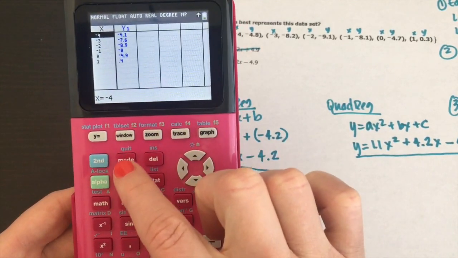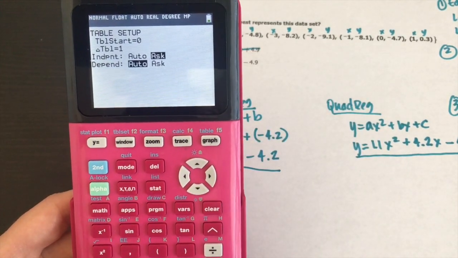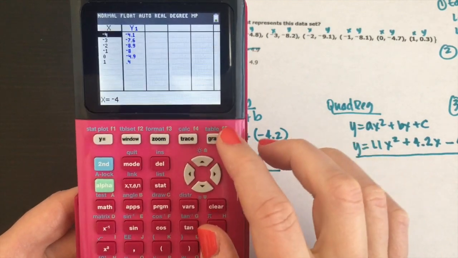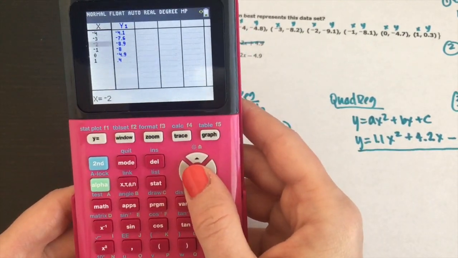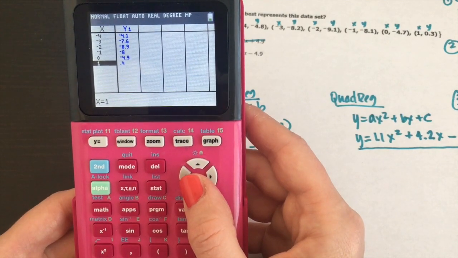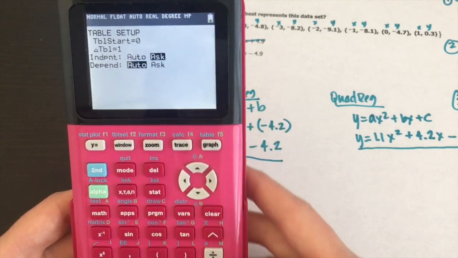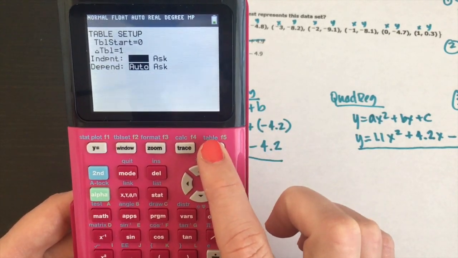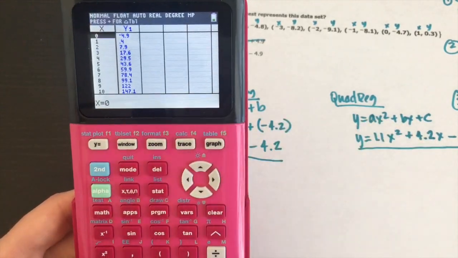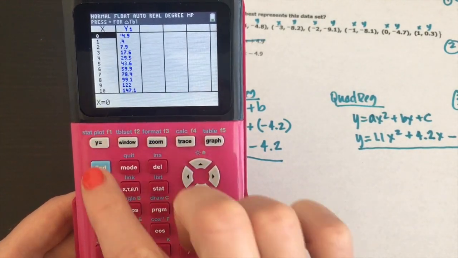Let me show you how I did that. Second table. If you set your table to ask, see how I have it selected there to ask me? When I go here, I can choose what points it gives me the x coordinate for. If it's on table set and I choose auto, watch how that changes. Second table. I get every single point, right? Every single one.